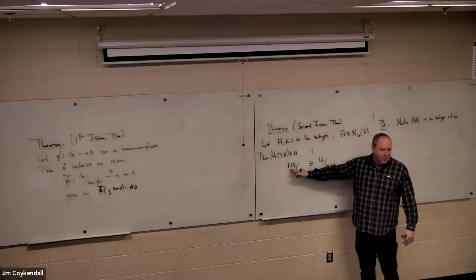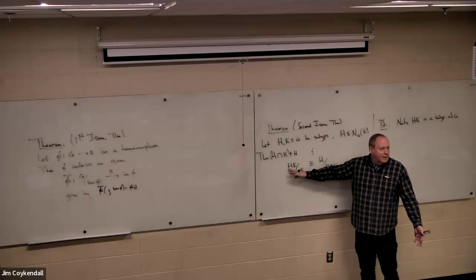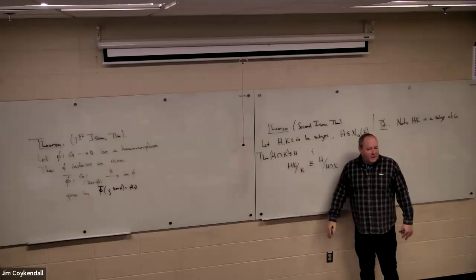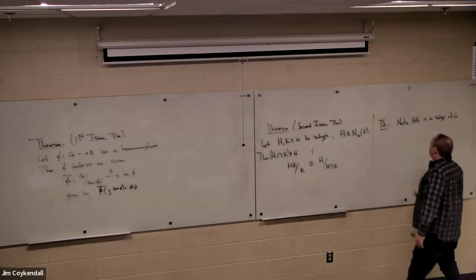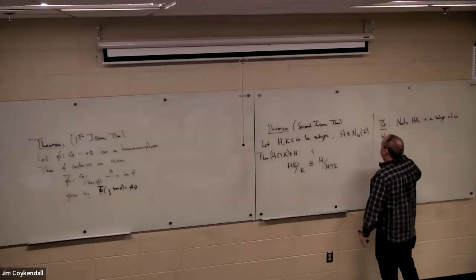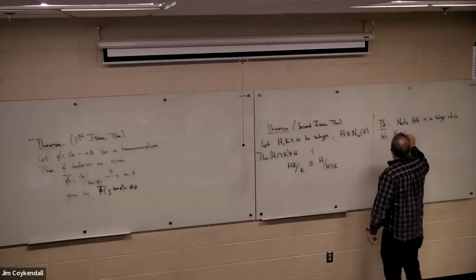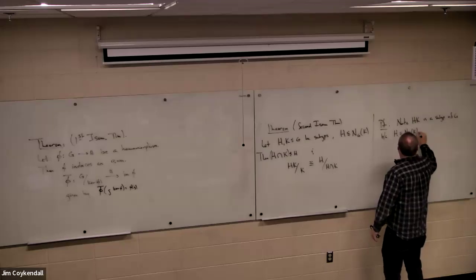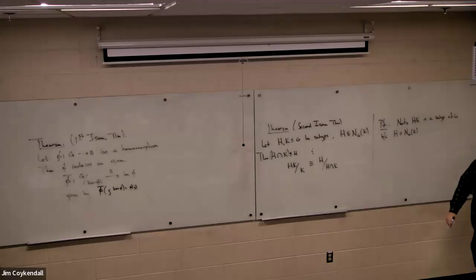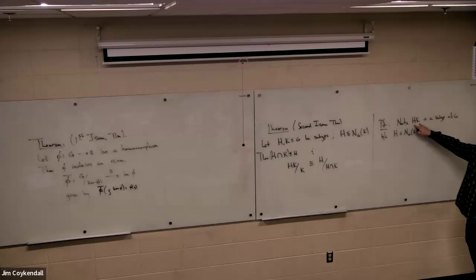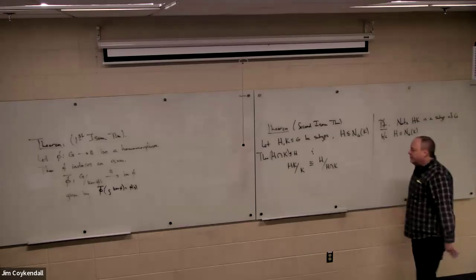If this thing here isn't a group, this doesn't make any sense at all, right? Well, we know that HK is a subgroup of G because H is contained in the normalizer in G of K. In fact, that is a theorem that we proved earlier: one of the things we proved is HK is a subgroup if and only if HK equals KH. And we used that to show that a condition that's good enough is H is contained in the normalizer. So I know that this is a bona fide group, right? Otherwise, this doesn't make any sense at all.